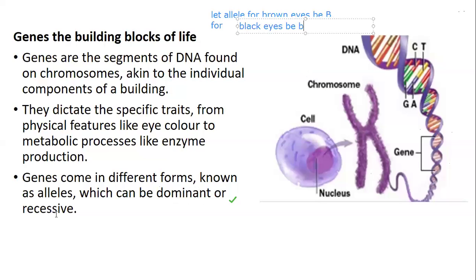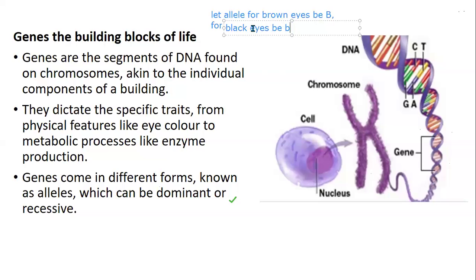So if an allele is dominant, we always assign it the capital letter. If an allele is recessive, we always assign it the smaller case letter. Like now here, the brown eyes allele is dominant over the black eyes allele, so we give it the capital B, and this one the small b.